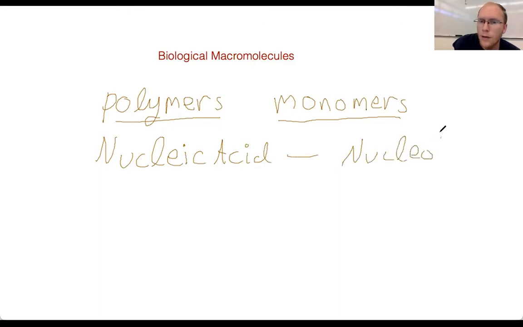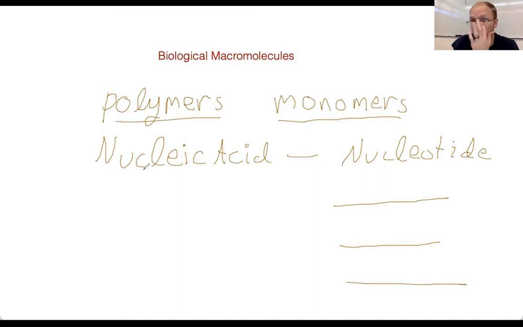If you're taking notes, I encourage you to write down all of these, just like I did for the top one. For every polymer, you need to know for the AP test the connected monomer. So that's nucleic acids, such as DNA and RNA. If you're not going to remember that, make sure you write down DNA or RNA.